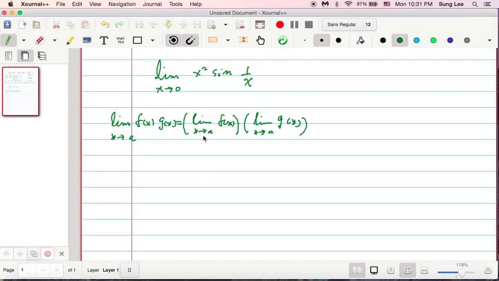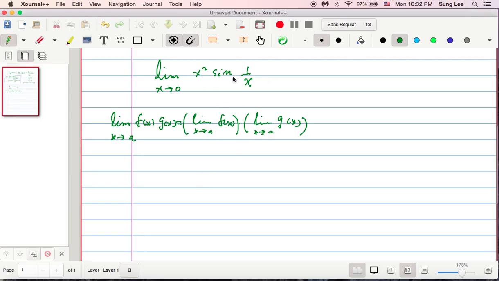If we are thinking about this property, we got a problem. You might think that in this case, the limit of x squared when x approaches 0 is 0, so that's easy. What's the big deal? That's not a problem, but the problem here is the second part, the sine of 1 over x.